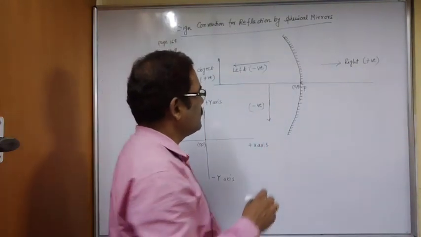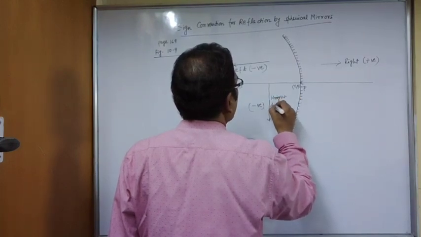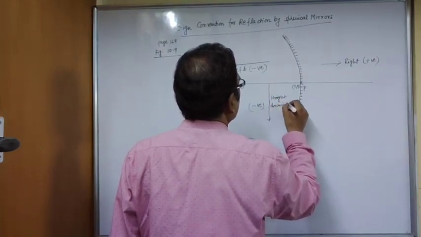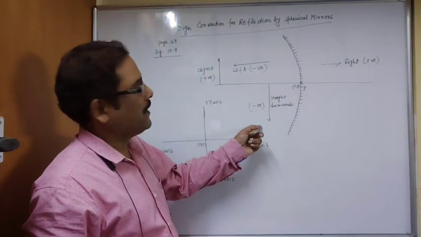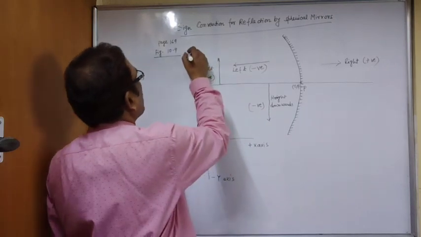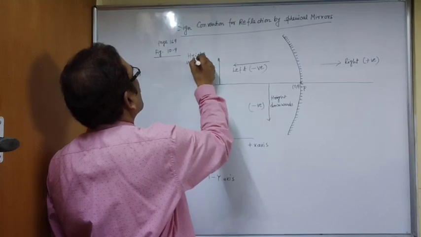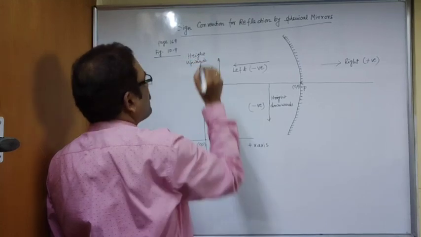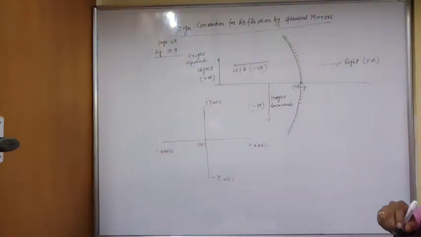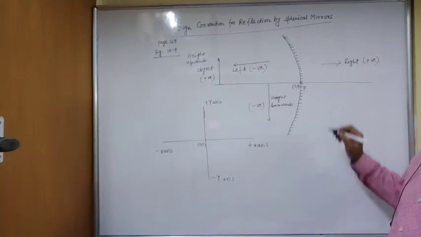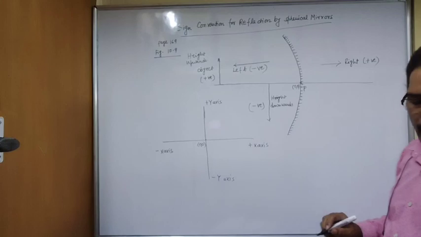Height downwards, negative y axis, that's why it is negative. You can write height upwards, above the principal axis is positive, and height below the principal axis is negative, isn't it? Towards the right of the pole it will be positive, towards the left it will be negative.